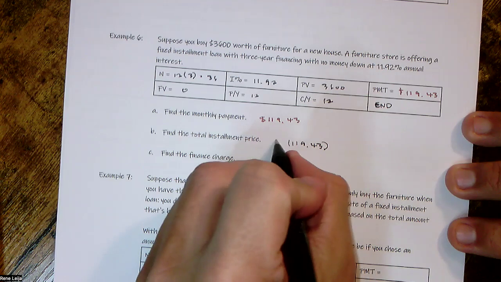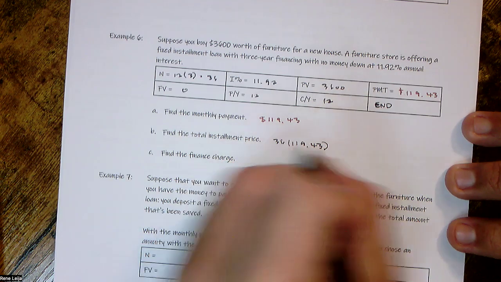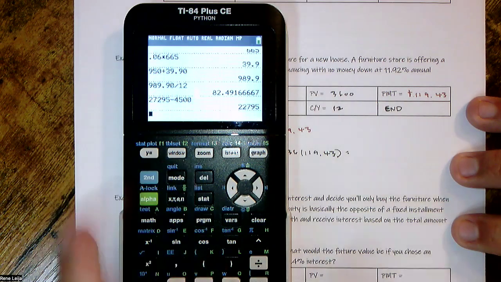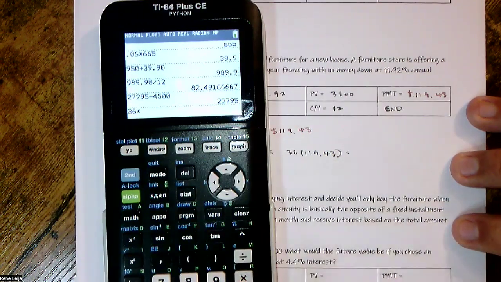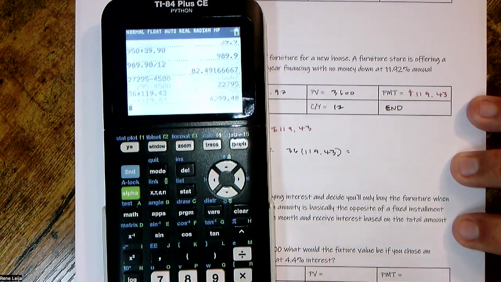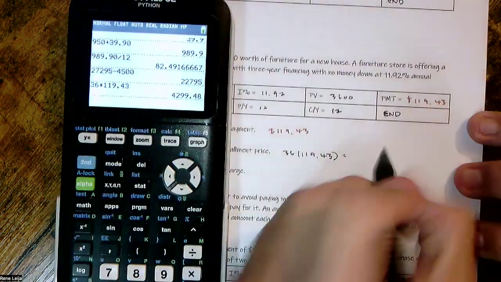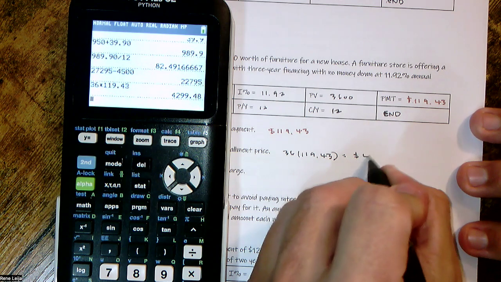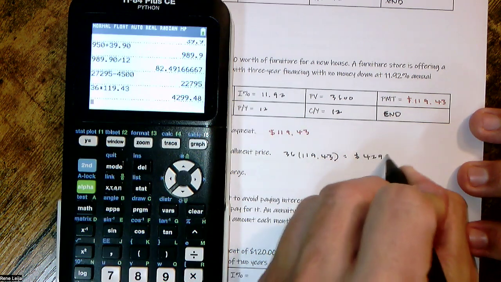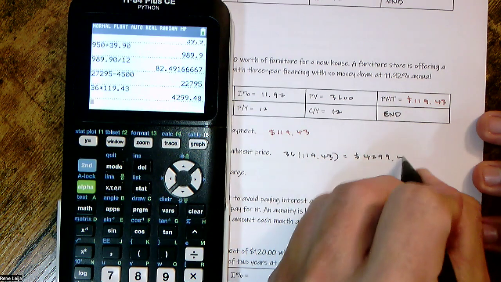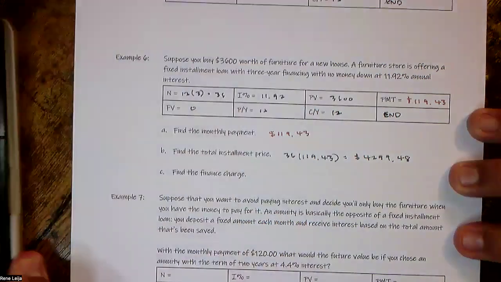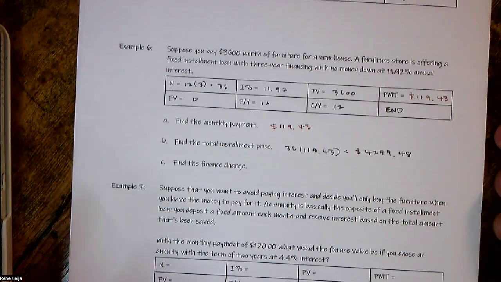So for 36 times, I am going to make these payments. So 36 times 119.43, that's $4,299.48.